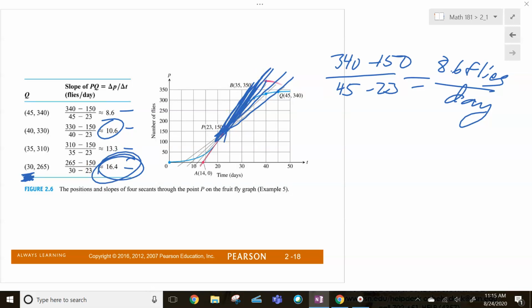It looks like the 23rd day, it's going up, 8.6, 10.6, 13.3, 16.4. So it's probably a little higher than this, like maybe 16.7 flies per day is the actual slope of the red line, right? It's actually the instantaneous rate of change. We call that the instantaneous rate of change. But we approximated it, right, as best we could using our secant lines.